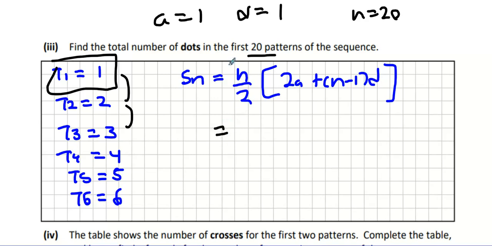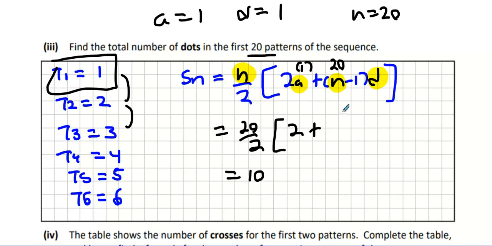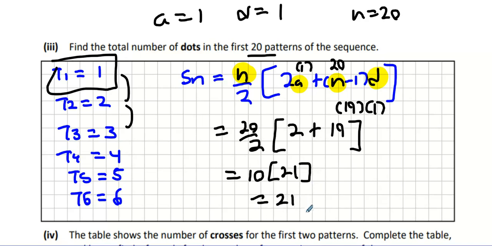And what we can do here is we're just looking to sub in the parts that we listed above, and what we're going to get is 20 divided by 2, which we all know is 10. 2 times a, which is 2 times 1, which is quite simply 2. N, which is 20. 20 take away 1 is 19. 19 times 1 is just plus 19. Okay, and 20 divided by 2 is 10. 10 times 21 equals 210.